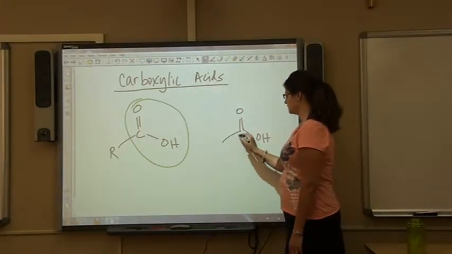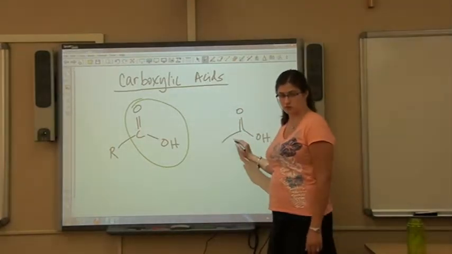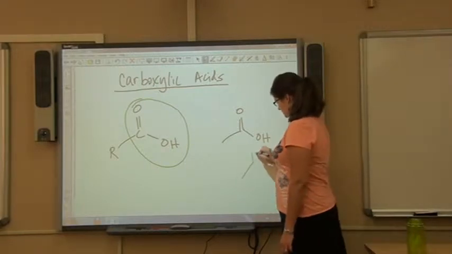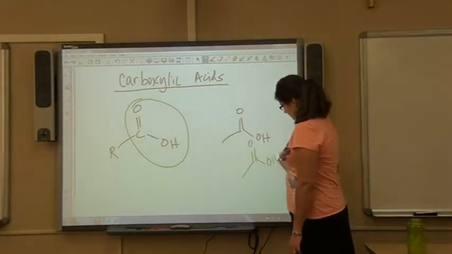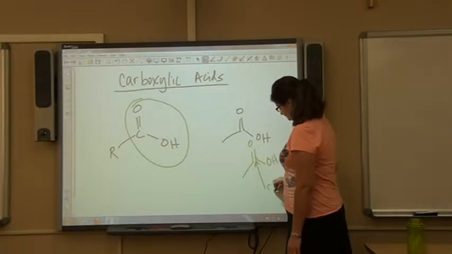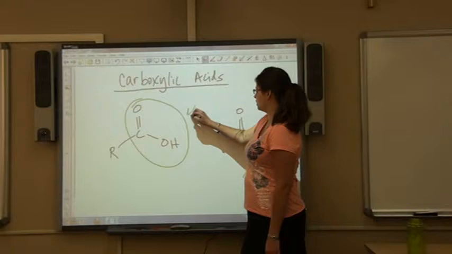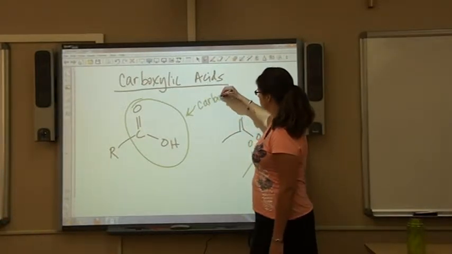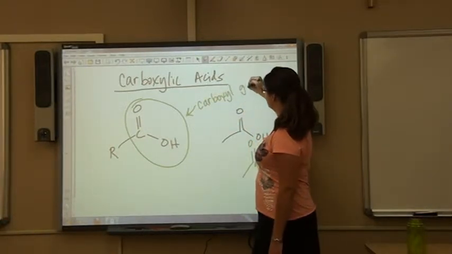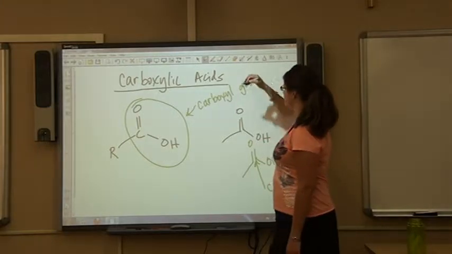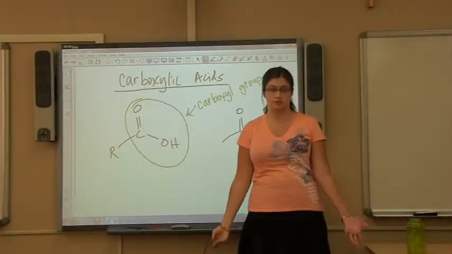Sometimes you'll note, if you're using a line angle formula, you'll see it written like this, where this is your carbon here. This group is called the carboxyl group. And compounds that contain this carboxyl group are known as carboxylic acids.